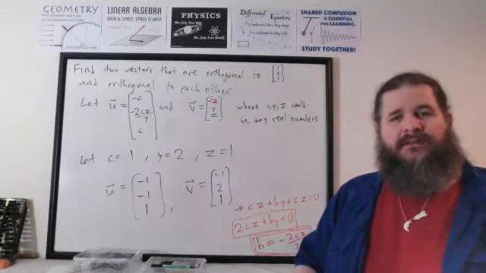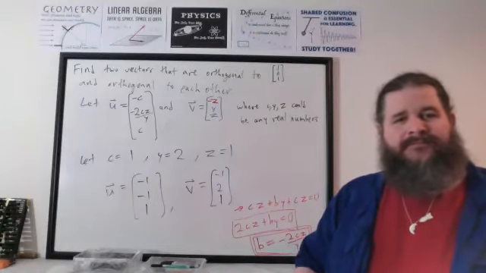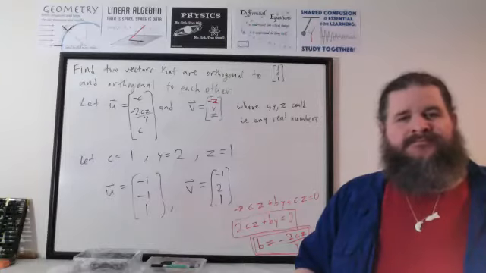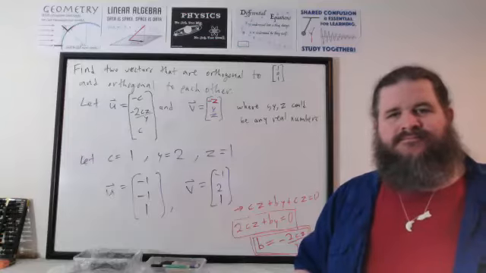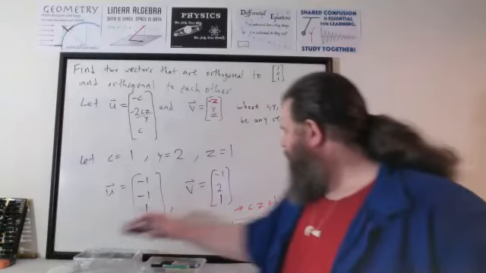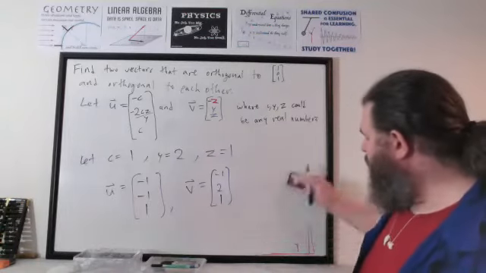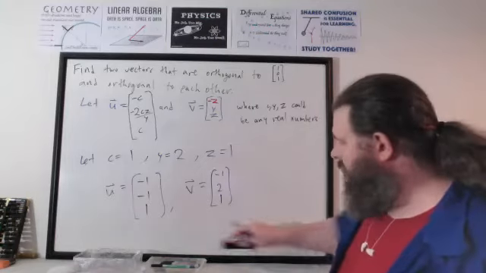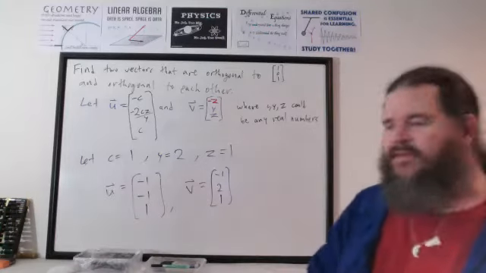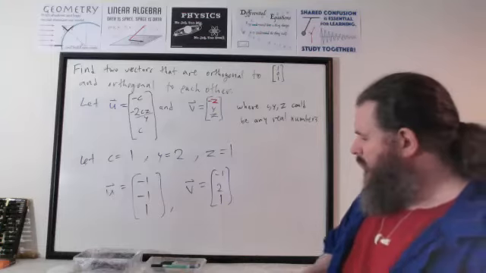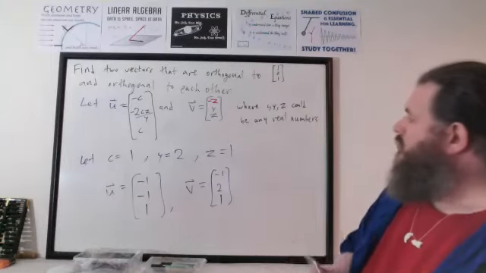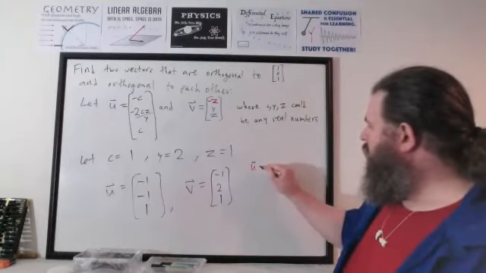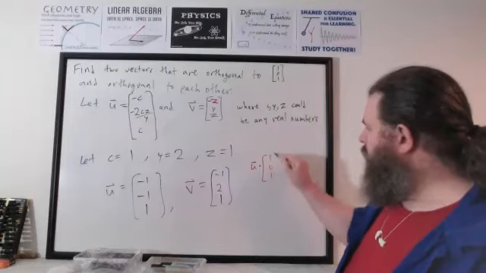How can we check that it really does work? How could we verify that these really match the description that we started with? Yeah, take the dot products. We wanted U·(1, 0, 1) equals 0.